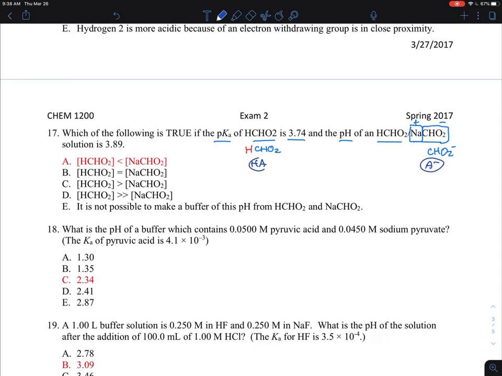That's the thing you need to figure out. So that's one, and this HCHO2, which I don't like the way it's written, is formic acid. That's the actual chemical structure. It looks like that. But this is the way it's written, so we can just deal with it.